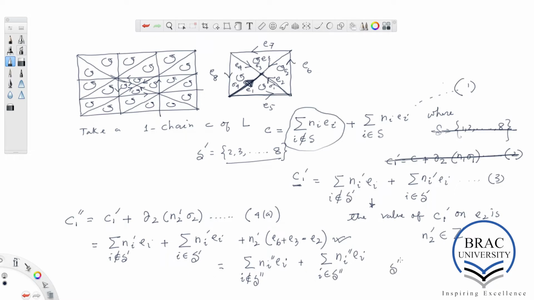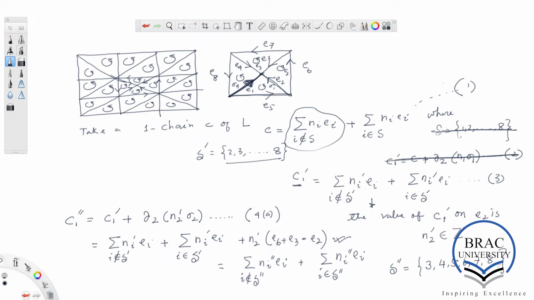Here S double prime is this set starting from 3. Okay, this way you get rid of the contribution of E2 by redefining your one chain, and in other words, the one chain C1 prime is homologous to the one chain C1 double prime that has value 0 on the edge E2.